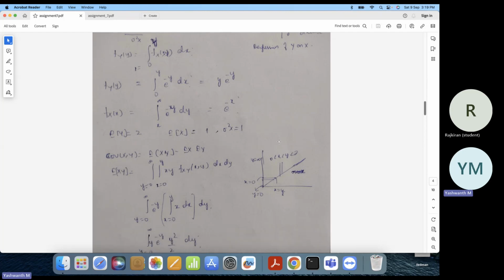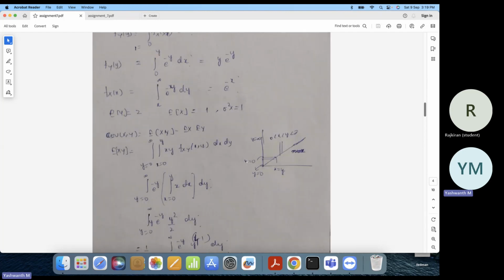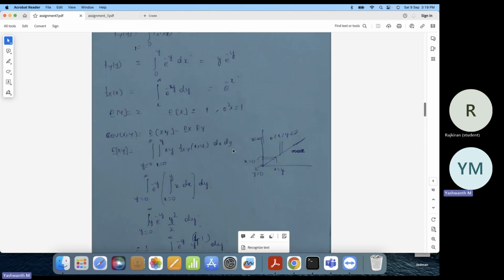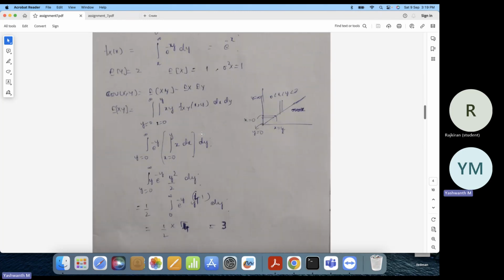To cover the entire region, y goes from 0 to infinity, and for any y, x goes from 0 to y. That's how we integrate out the desired region.